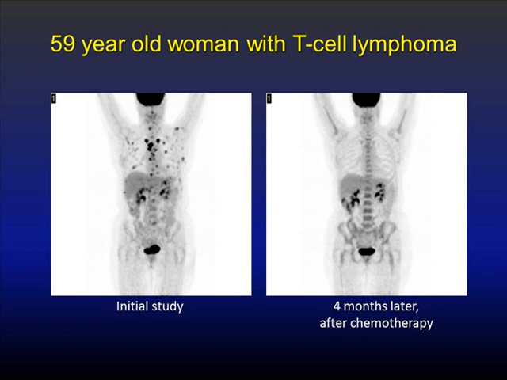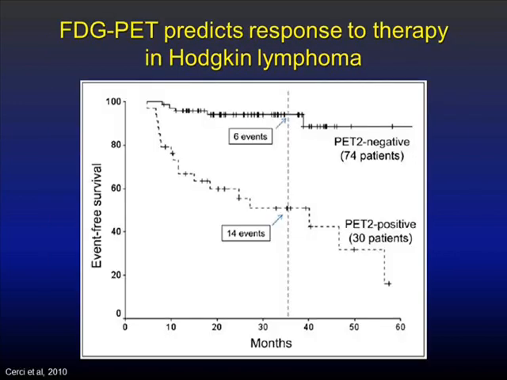I don't want to get into a huge amount of data. This is a different kind of lymphoma, Hodgkin's lymphoma, but there's great interest in oncology in looking at someone who is PET positive after 2 cycles of chemotherapy. This is event-free survival over months. If someone has a positive PET scan after 2 cycles of treatment, they are much more likely to have disease progression than those who are negative.